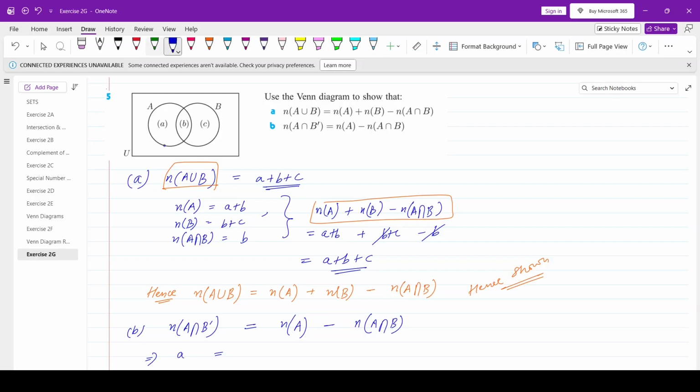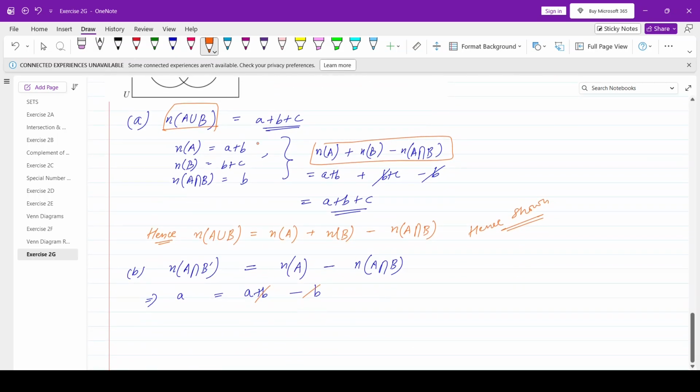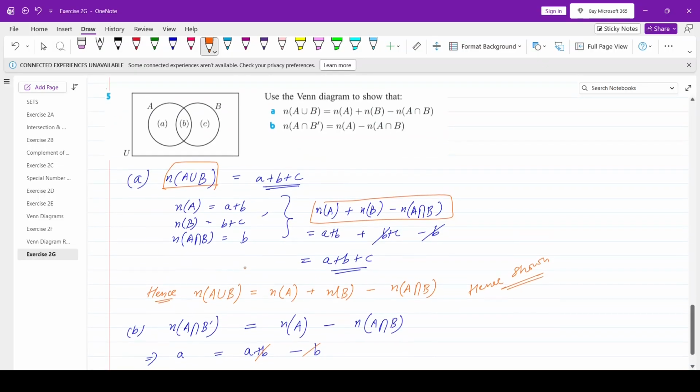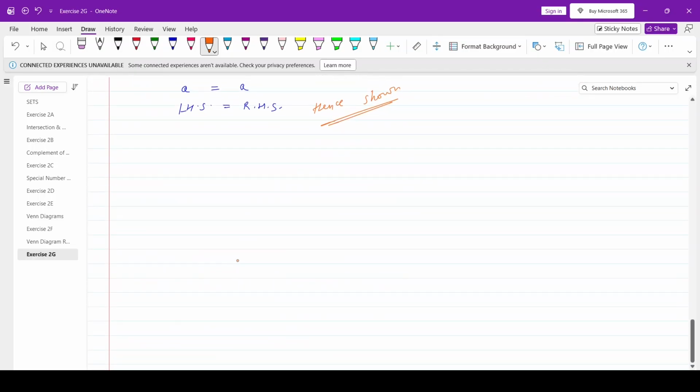The number of elements in A will be a plus b, and the number of elements in A intersection B is going to be b. We can cancel this b with this b out, and hence a is going to be equal to a. Therefore, the left hand side is equal to the right hand side. Hence shown. Let's move on to the next question.